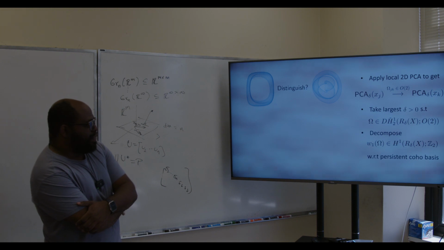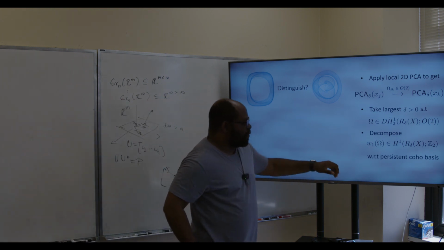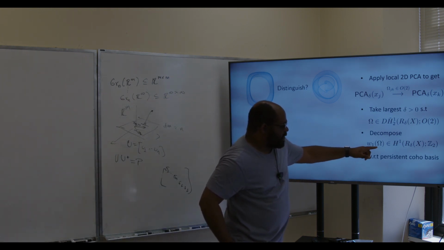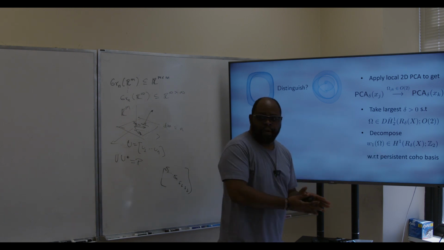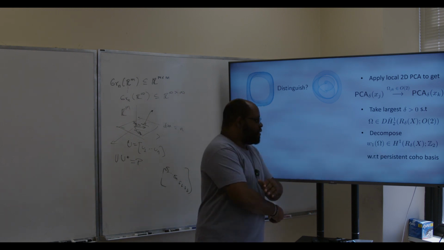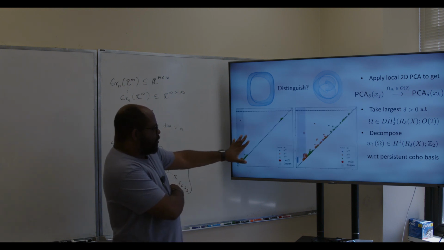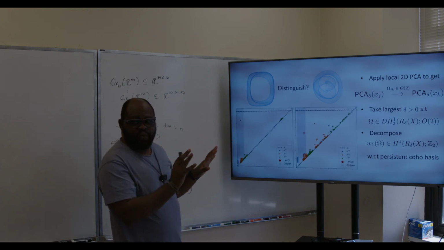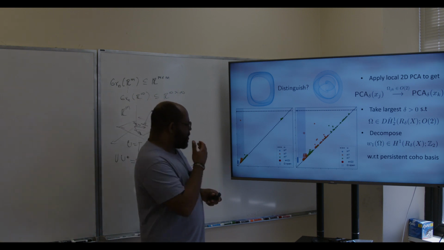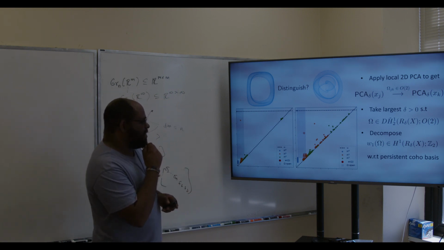And then the final thing we do is we decompose this cohomology class in terms of the persistent cohomology basis of the data. So I'm just going to show you the results and explain very slowly what we're computing. Okay.